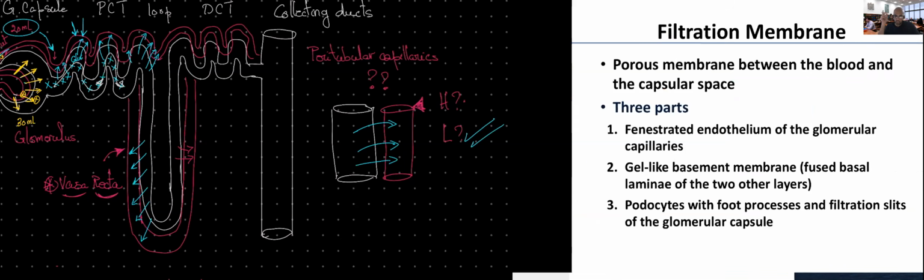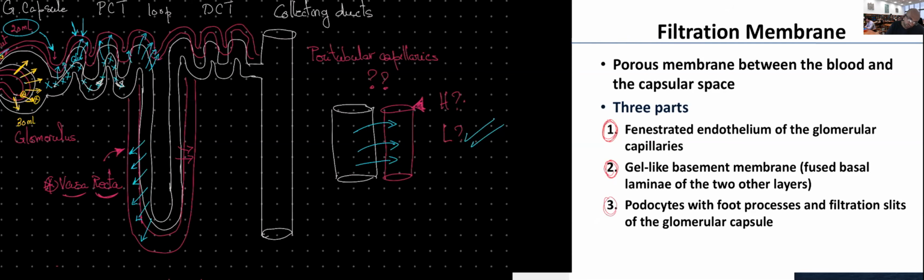All right, so again, looking here at the filtration membrane, I've got three layers of the filtration membrane. I've got the fenestrated endothelium of the glomerular capillaries. We've got the gel-like basement membrane, which is the fusion of the two basement membranes, one from the Bowman's capsule and one from the glomerular capillaries.